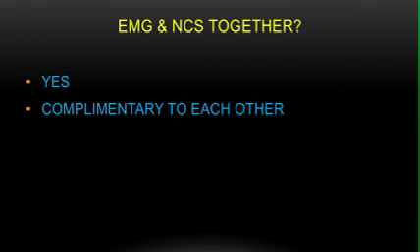EMG and nerve conduction studies together, and the basic answer to that question is yes. For the reasons that I spoke about earlier, they complement each other. When I want to rule in a carpal tunnel, I would need to do the EMG to make sure that the numbness is not coming from a C6 pinched nerve.